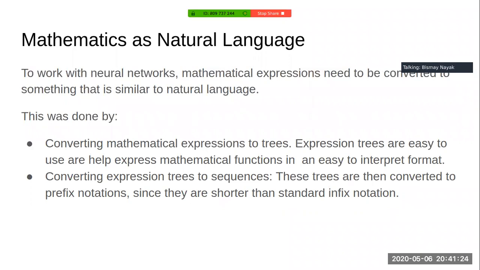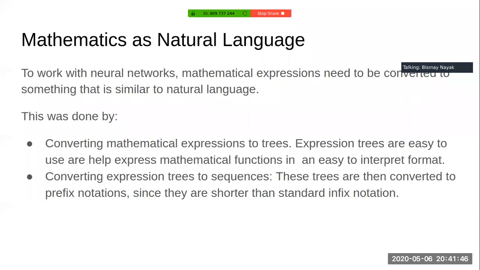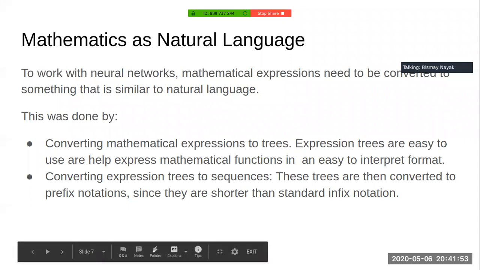After converting them to expression trees, what we do is we convert them to a prefix notation. I do not know if you know what a prefix notation is, it is simply, if there are two terms that need to be added, for example x plus 2, it will be written as plus x 2. By using prefix notation, we are able to eliminate the need for brackets.